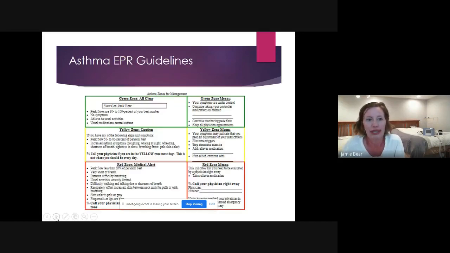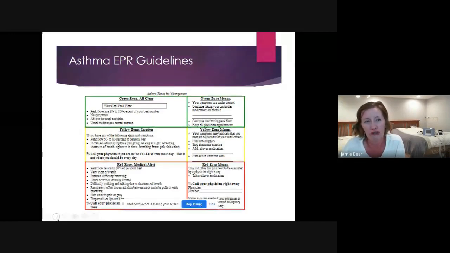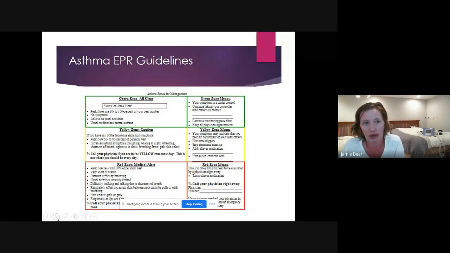Okay, here's once again looking at the asthma zones for management, and this is recommended from the expert panel report guidelines. And once again, green zone: peak flows 80 to 100%, no symptoms, able to do usual activities, usual medications that control asthma. So you can really educate your patients on what to do. Yellow zone means caution.